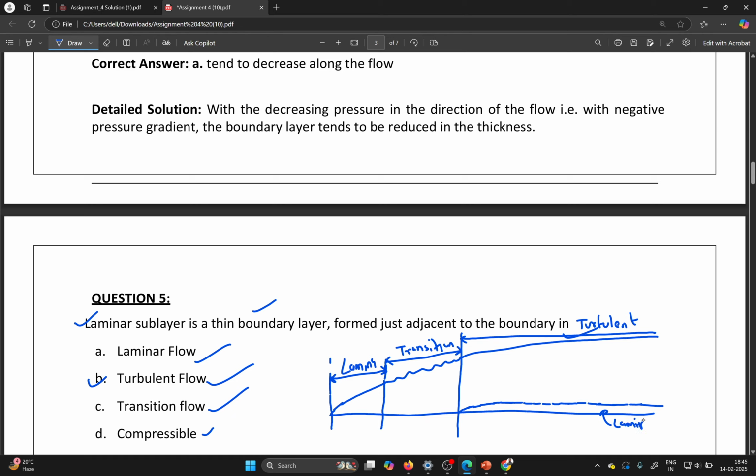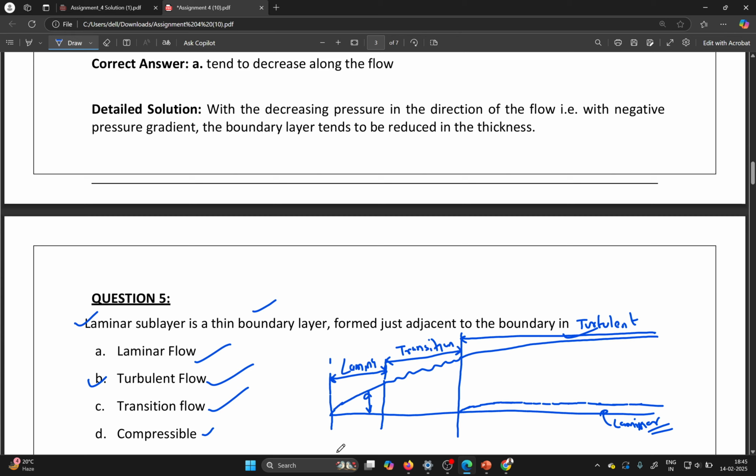So actually the boundary layer thickness is not that much, whatever I have drawn here. It is very minimum.